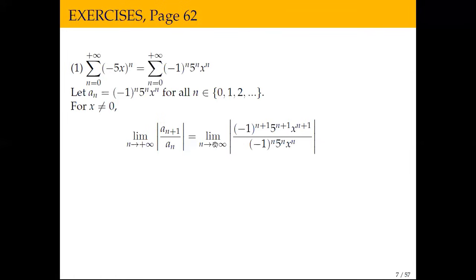So this is just the limit of 5 times absolute value of x as n goes to positive infinity. Thus, this limit is just 5 times absolute value of x.